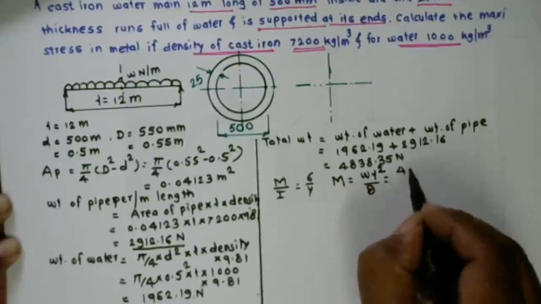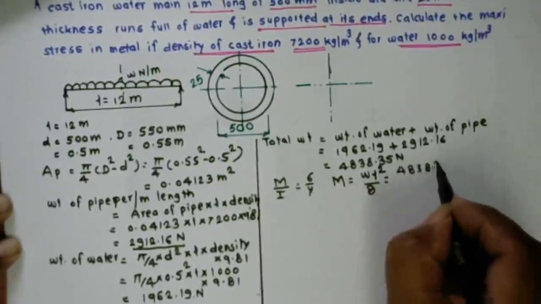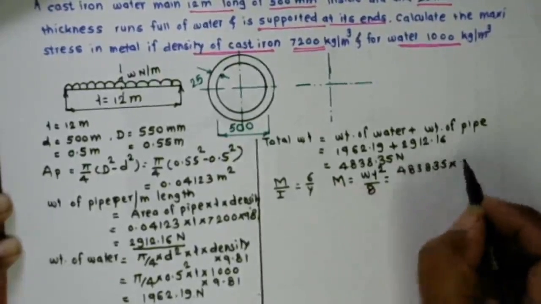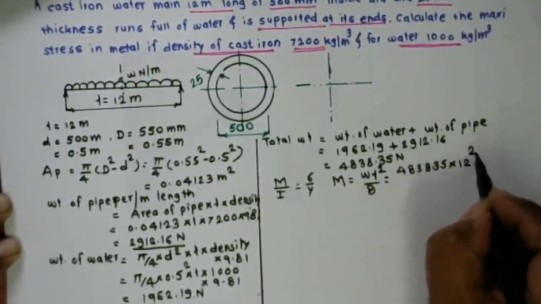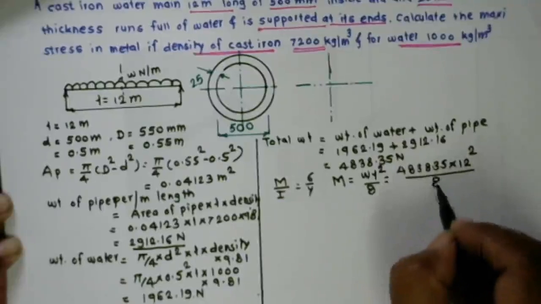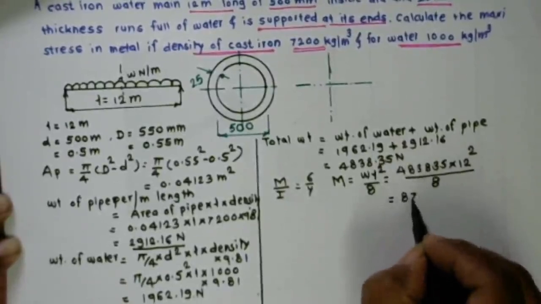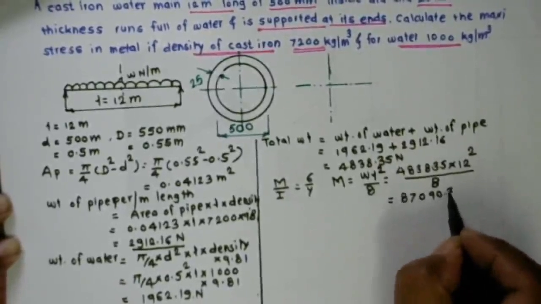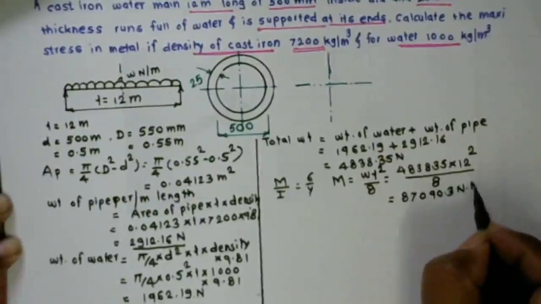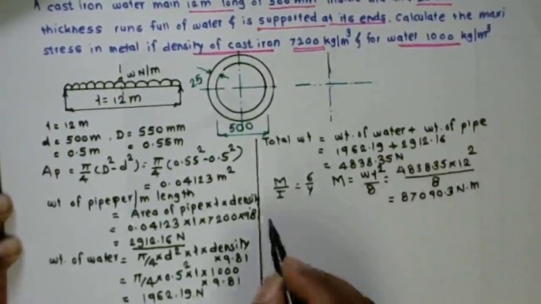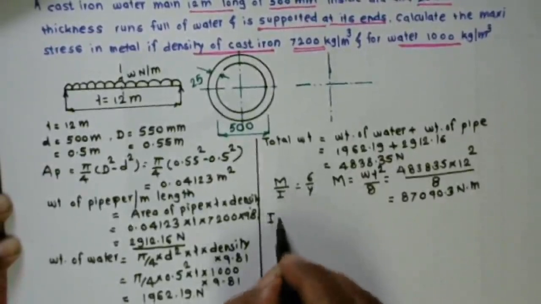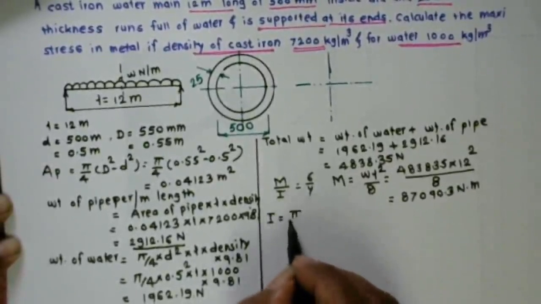So W means 4838.35, length is given 12 meter, divided by 8, which gives 87090.3 Newton meter.